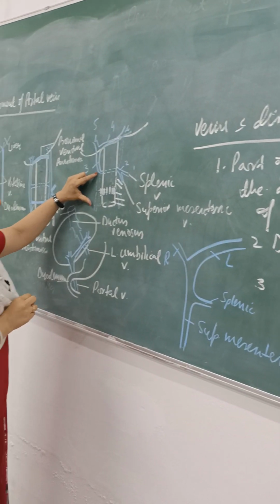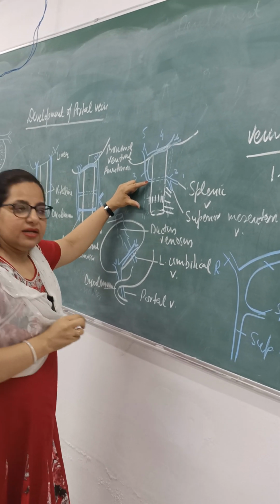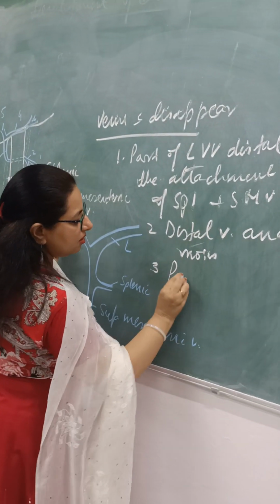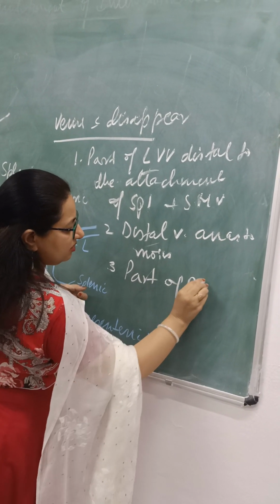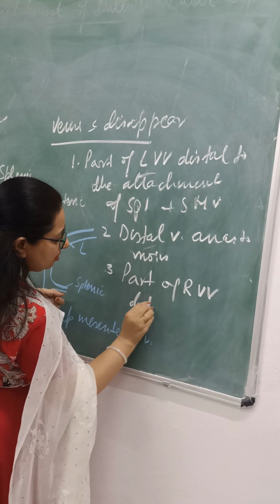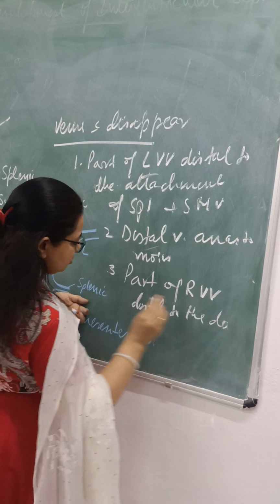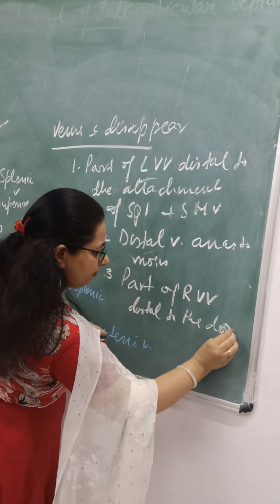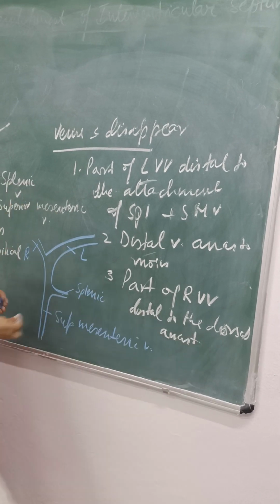Part of the right vitelline vein distal to the dorsal anastomosis will also disappear. Right?